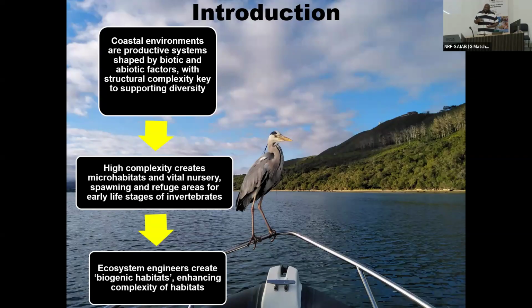High complexity creates a variety of microhabitats, nursery, refuge, and spawning, which is critical for early life stages of marine invertebrates. In addition, there are biogenic species such as mussels, barnacles, and oysters, which create what we call biogenic habitats, and that further enhances complexity.